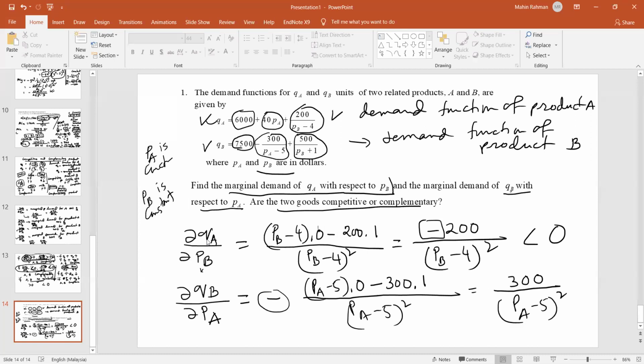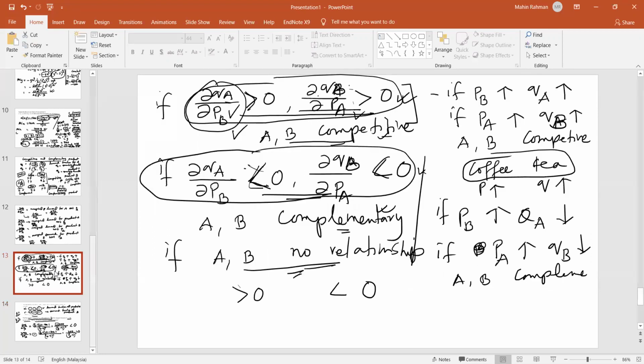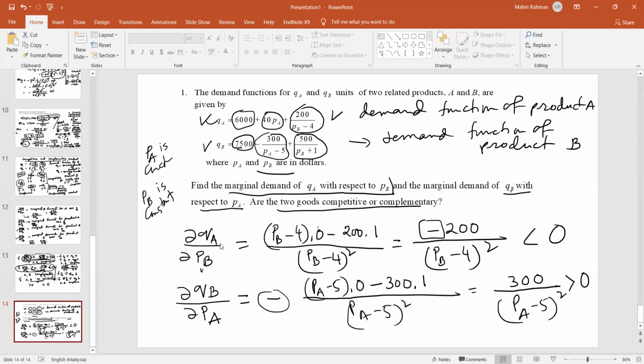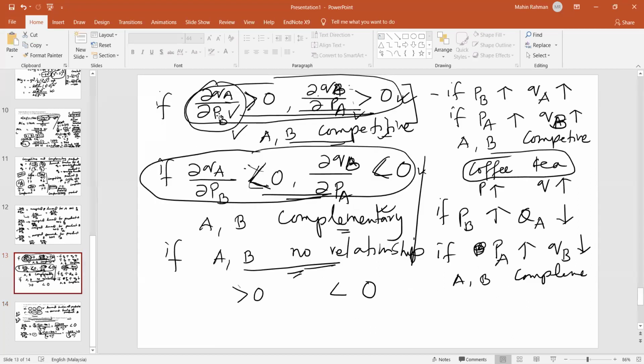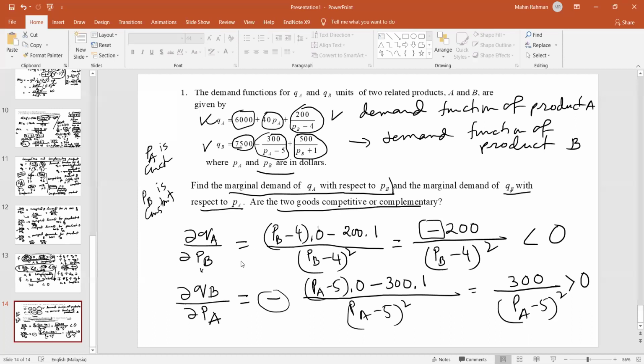So it is positive. Now you go to the rule. Here you see that delta QA by delta PB we get negative, and delta QB by delta PA we get positive.